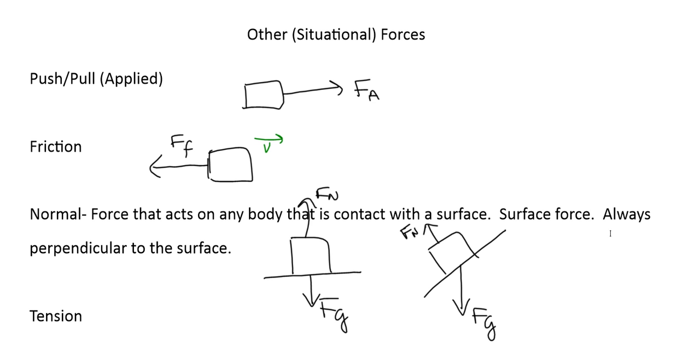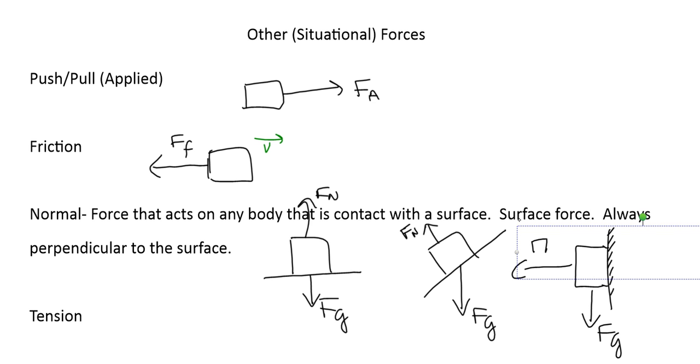And even if you have, this is not a problem that all of you will encounter, but if you have a wall and then we have a body resting on that wall, well, it wouldn't be resting on the wall per se, but it would be pressed up against the wall. Fg is going to be this way, and Fn is actually going to be this way. And you can try this by just taking your hand and pressing it on different surfaces.